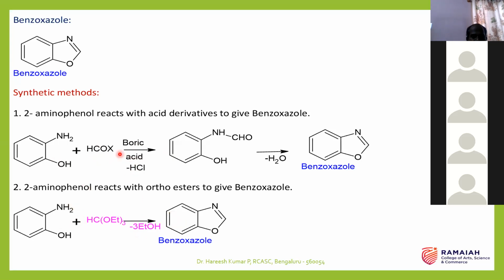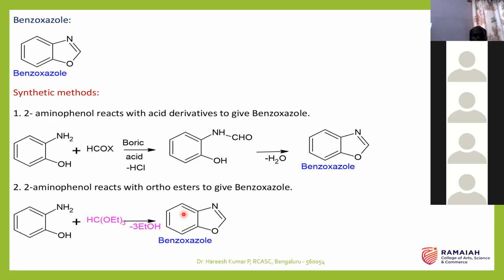So that is the reason a new method arises. The new method is treating aminophenol with the orthoformate. Here ethanol is the leaving group. Then there will be a new bond formation between the oxygen and carbon, and a double bond formation between the nitrogen and carbon, forming a benzoxazole.